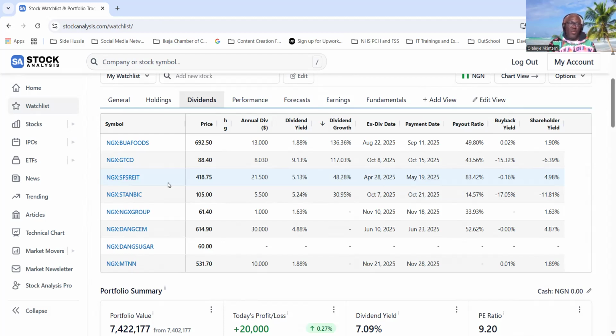But if you buy maybe one or two stocks from the banking sector, you buy one from food and beverage, you buy one from maybe finance, you buy one from real estate, then you have spread your investment into different sectors of the economy, even though all your investment is still in the capital market. When you buy stocks, you're buying from the capital market. But within the capital market, make sure you diversify your portfolio.